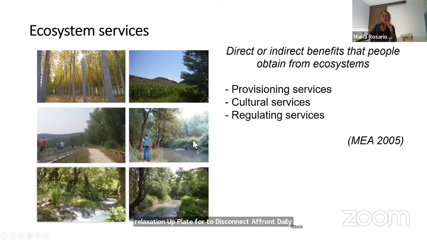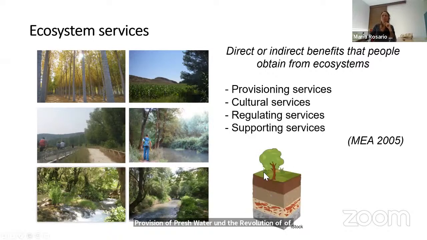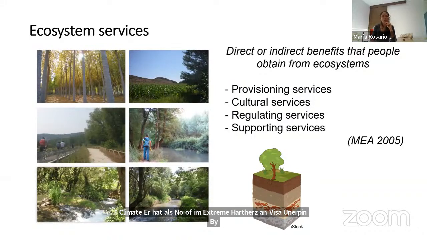Also regulating services, as for example the provision of fresh water and the regulation of climate hazards, of extreme hazards. And these are underpinned by supporting services, such as soil formation or soil fertility that allow the others to exist.